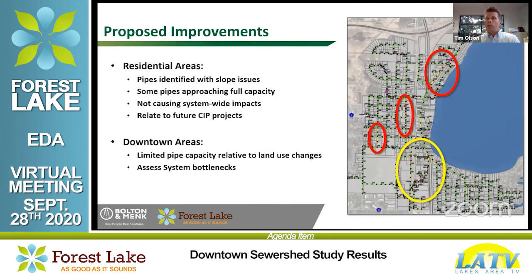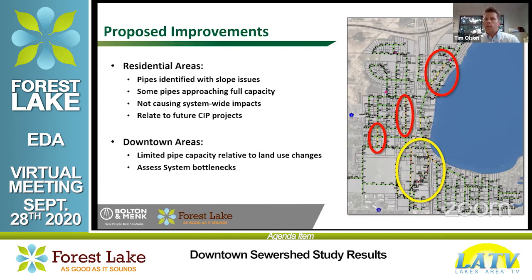And what we found in our modeling was that there are a handful of areas out in the residential zone, away from downtown, that have some system capacity issues, but they're mostly related to slope of pipe. As the slope of the pipe goes from steep to shallow, the amount of capacity that pipe is able to accommodate goes down.